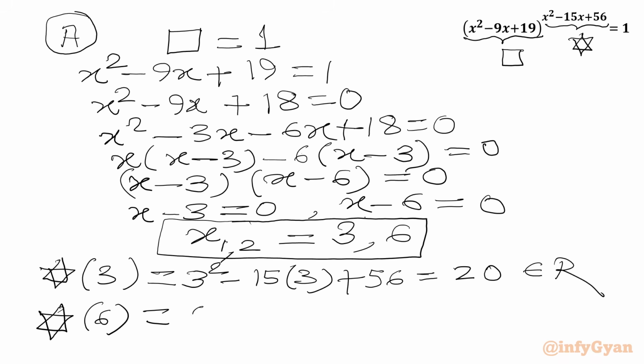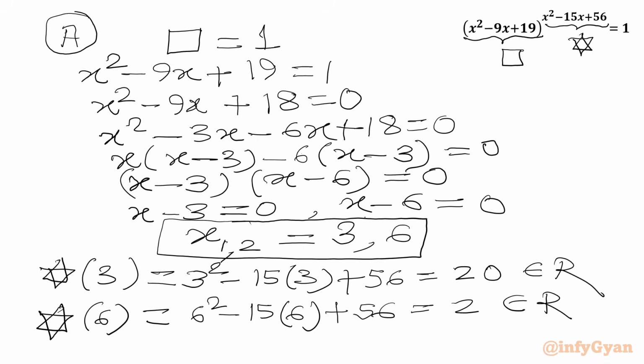Put x equal to 6. We will get 6 square minus 15 times 6 plus 56. So 36 plus 56 will be equal to 92. 92 minus 90, it is 2. 2 is a real number. So we are going to accept both the x values 3 and 6.